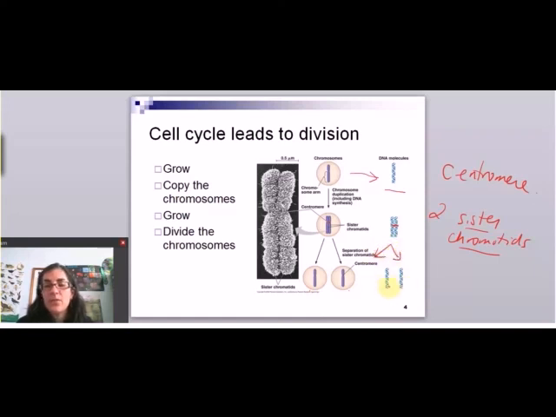Now each one of these double helices will go to the new cell. So the cell will grow. Then it copies its chromosomes and makes 2 sister chromatids, or 2 double helices, and then the cell will divide those chromosomes and divide into 2 cells. And so that's the basic process of the cell cycle and cell division.